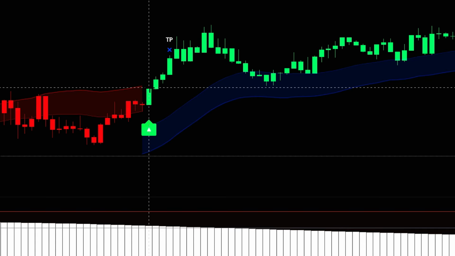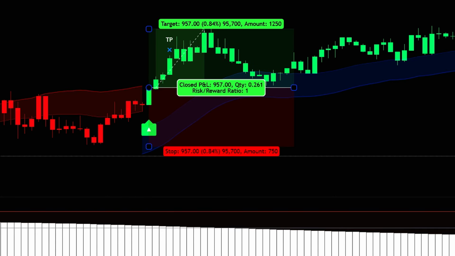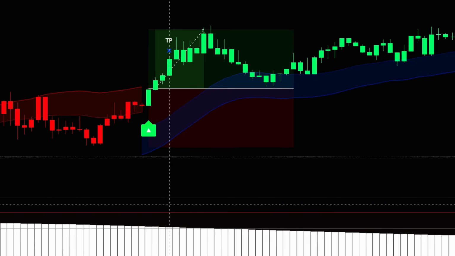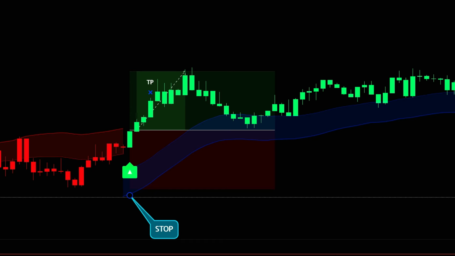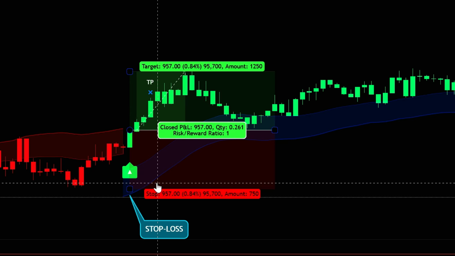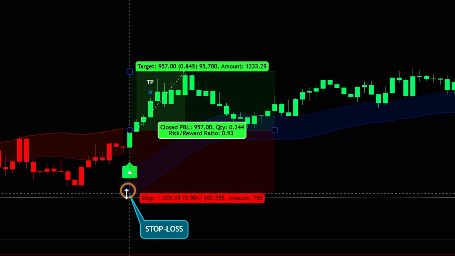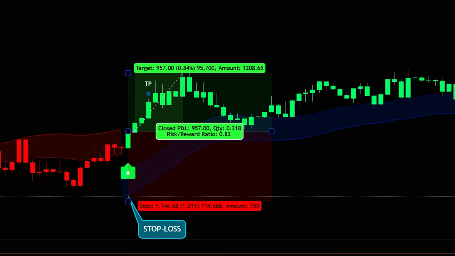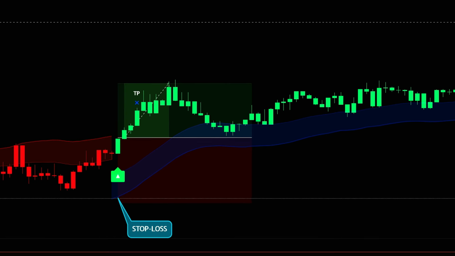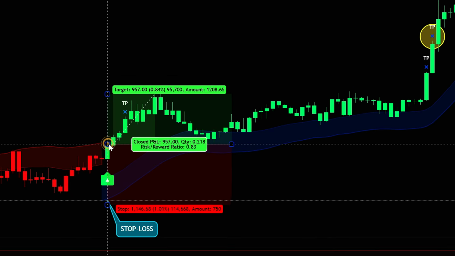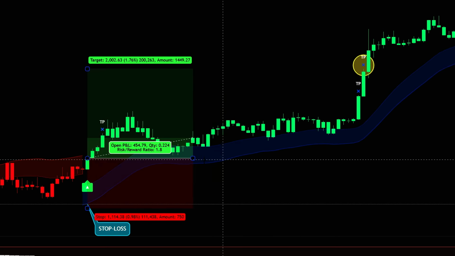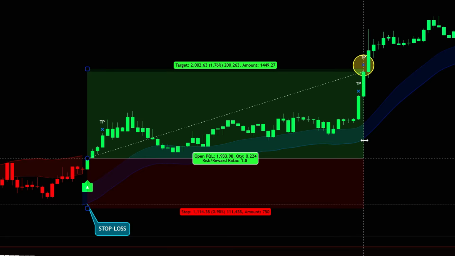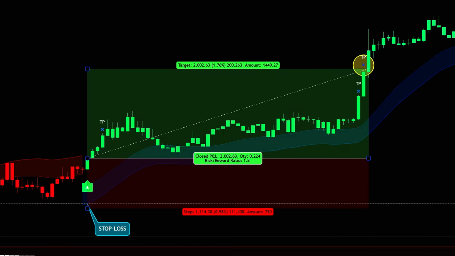Stop loss is placed just below the colored ribbon from Flux Charts. And the take profit levels are already preset in the indicator. Clean, simple, and low risk. You can literally see how the setup tells you where to enter, where to protect yourself, and where to exit.